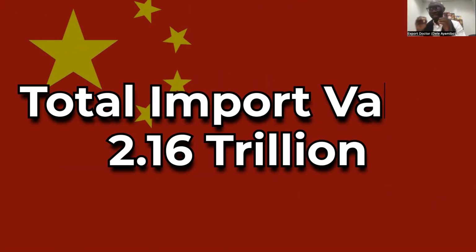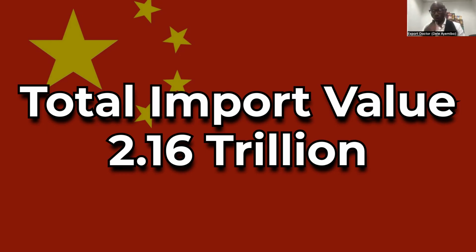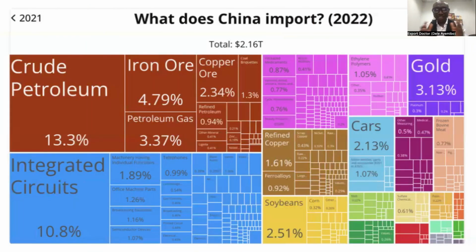By the way, the import volume of China is over $2 trillion. Global trade is just about 24, $25 trillion, and China alone is taking up over $2 trillion. That tells you the level of dependence of the global economy on China.